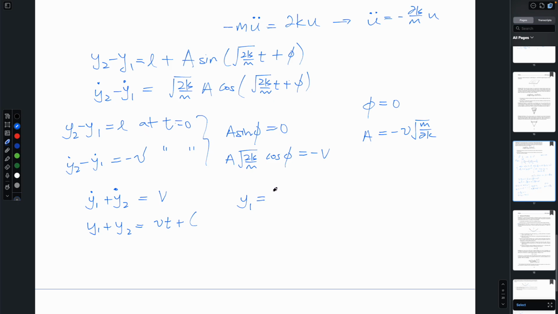So we get the final equation, which is that y1 is equal to c over 2 plus vt over 2 minus L over 2. So by using these two equations, plus v over 2, m over 2k sine, m over 2k. Wait, sorry, 2k over m.